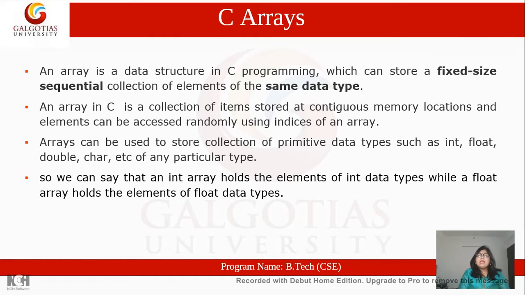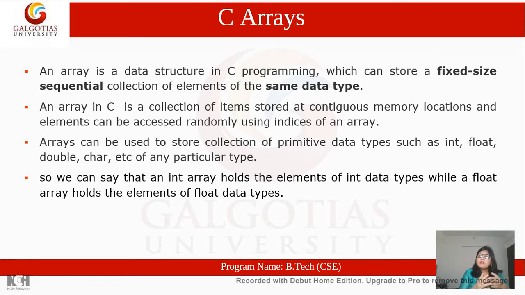An array in C is a collection of items stored at contiguous memory locations and elements can be accessed randomly using indices of an array. Now when we say contiguous memory allocation, that means the data items will be stored on continuous memory locations.